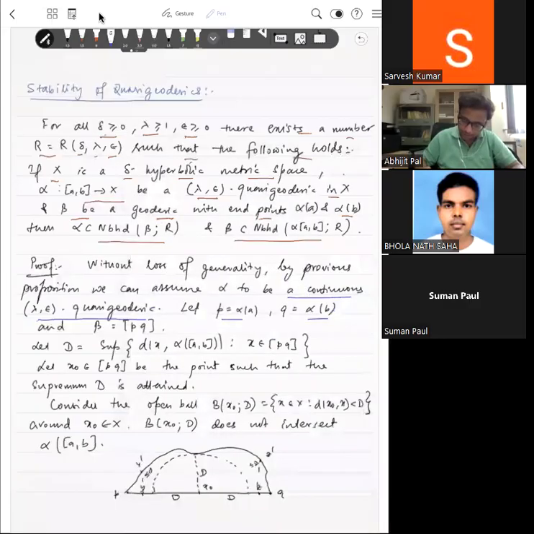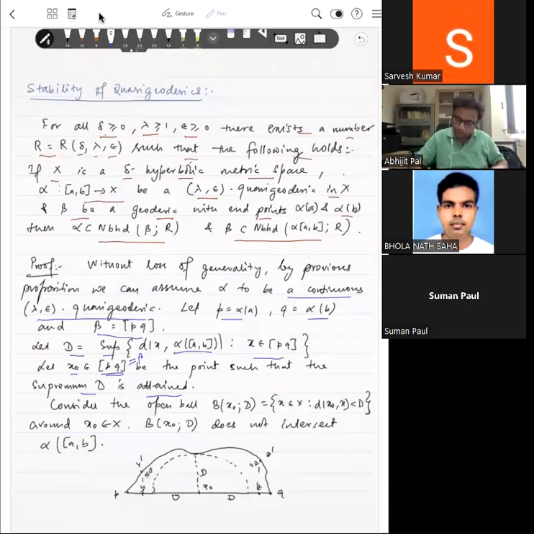That is what I have written here. PQ means the geodesic beta, so beta is equal to this geodesic PQ, and D, as I said, is the supremum of the distance of x to the image of alpha, where x is varying in beta, the geodesic joining P and Q. So there exists x naught such that this supremum D is attained.